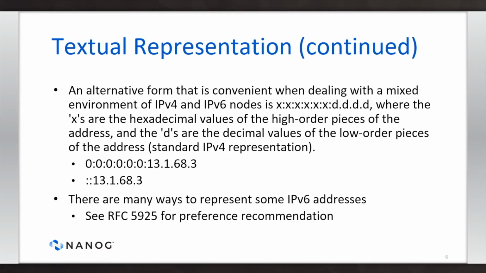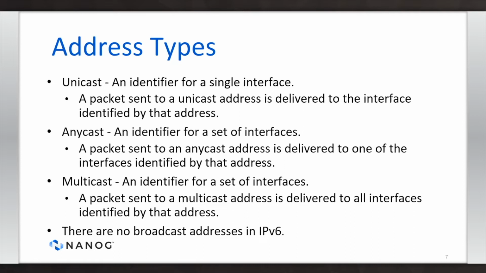Because you can only have one double colon in an address. Well, see RFC 5952 for recommendations. It's really a good thing if everybody abides by 5952, because then grepping on an IPv6 address becomes a tractable problem.